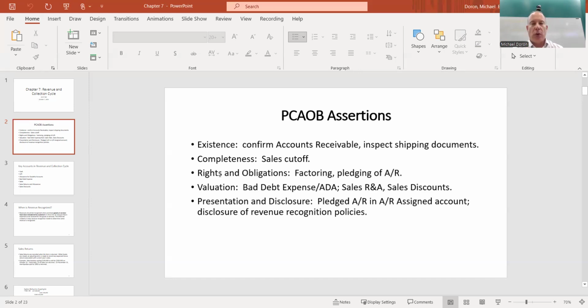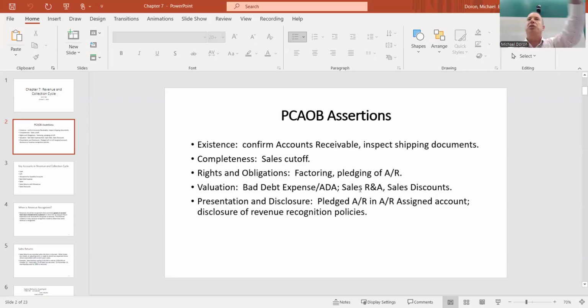Okay, so again, checking the right. Do you have the right to these accounts receivable, or the right to use these accounts receivable to pay off other debt? Okay. Valuation, we know all about that. Bad debt expense and allowance for doubtful accounts is properly valuing the accounts receivable. Sales returns and allowances and sales discounts are properly valuing the sales account.